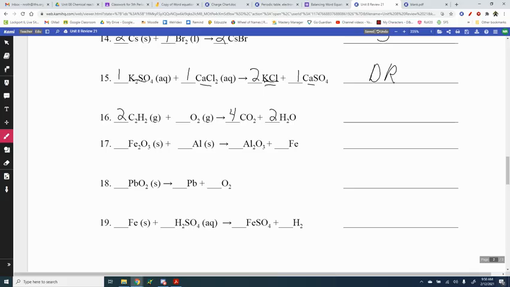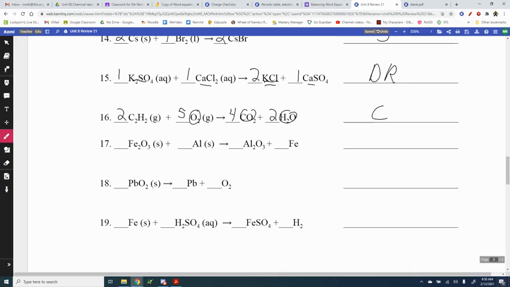So now we have a total of 10 oxygens, and we can just put a 5 there, and now we're balanced. Okay. Again, this is oxygen, carbon dioxide, and water. So that means this is a combustion reaction.